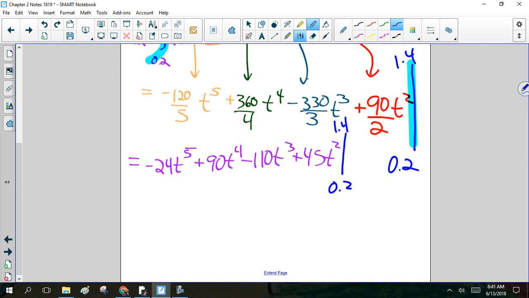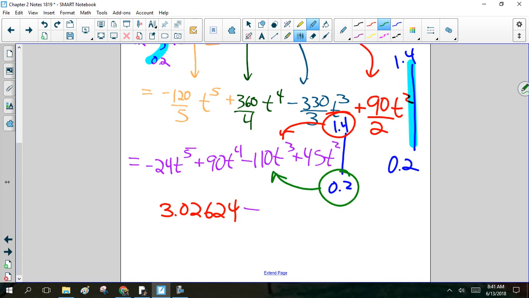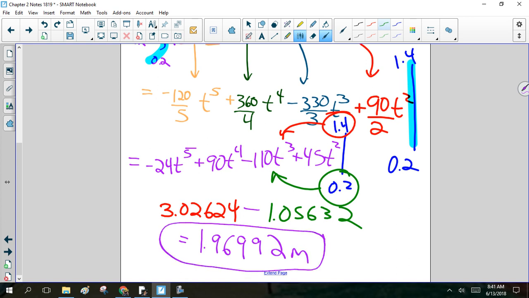When you plug in the 1.4 into this mess, you end up getting 3.02624. No, you don't have to keep all those decimals, I'm just being weird. Minus, when you plug in the 0.2, you get 1.05632. So when you subtract, you end up getting 1.96992 meters, and there is your answer.